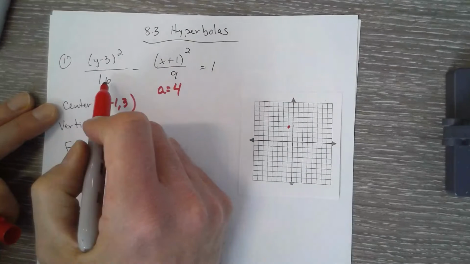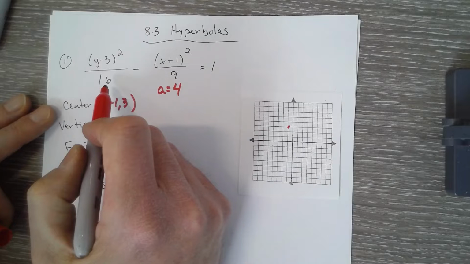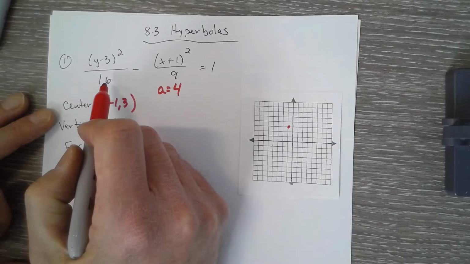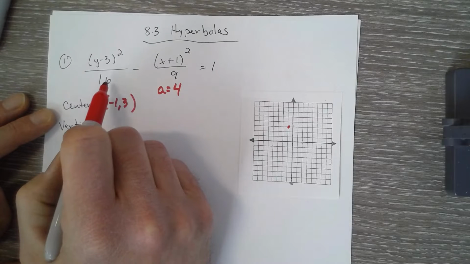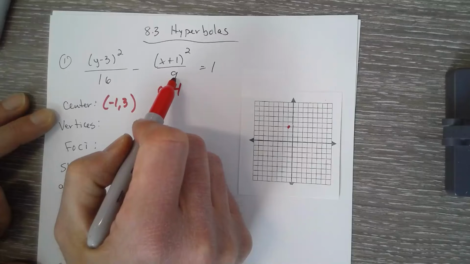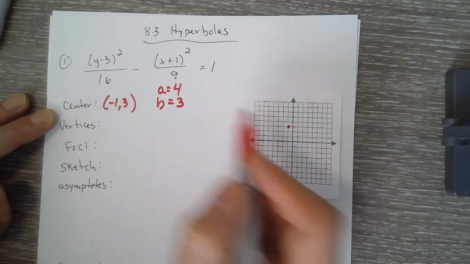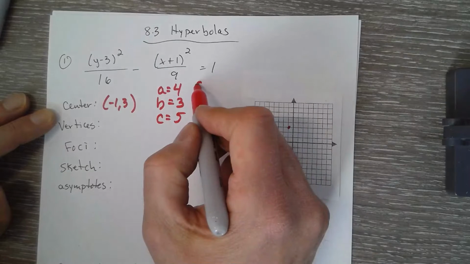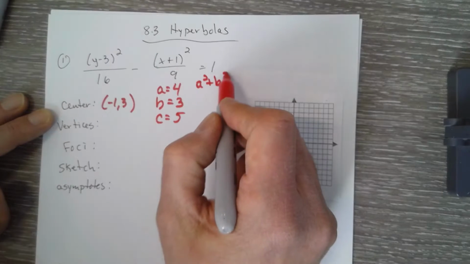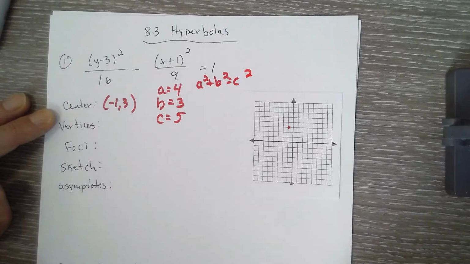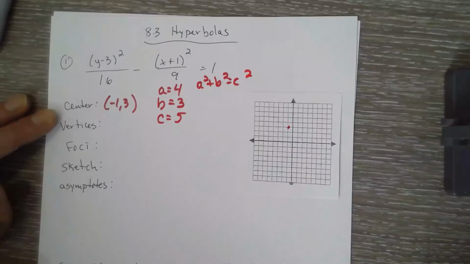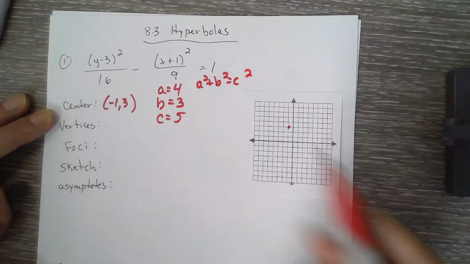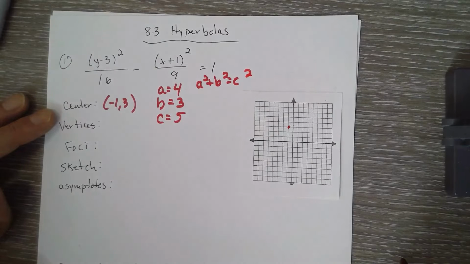A squared is always first for hyperbolas. That is always going to be A squared. That is always going to be B squared. So that means B is 3. Pythagorean theorem will figure out that C is 5 because A squared plus B squared equals C squared. C ends up being 5. Okay, so that's the relationship A, B, and C for hyperbolas.